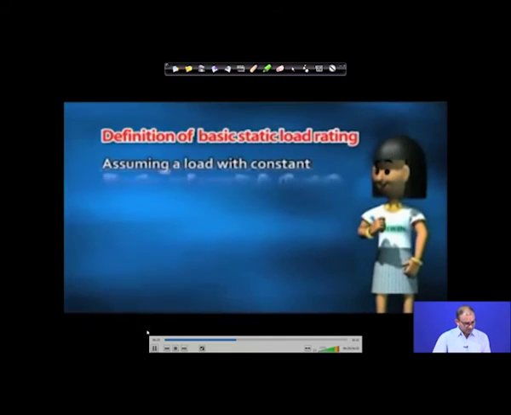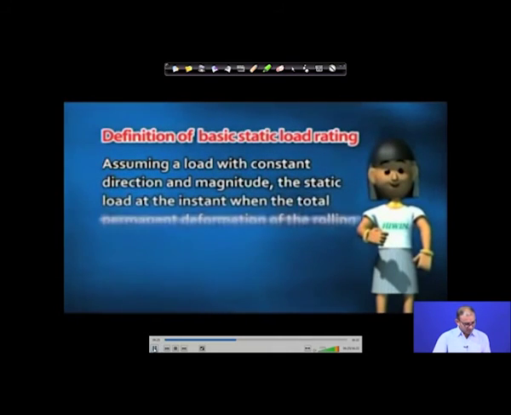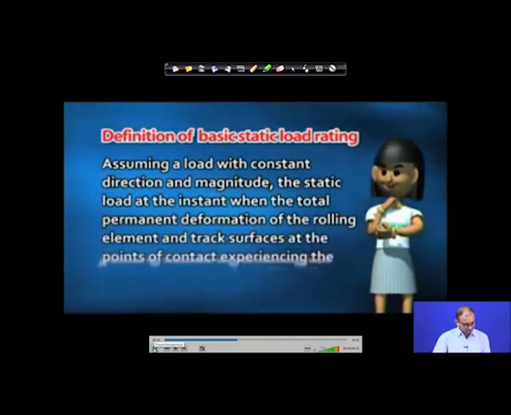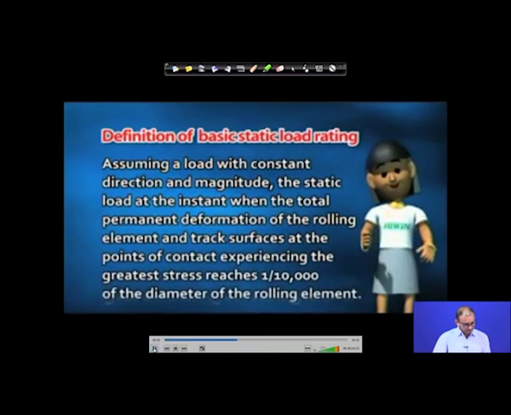So, how can you define this basic static load rating capacity? It is assuming a load with a constant direction and magnitude. The static load at the instant when the total permanent deformation of the rolling element and the track surface, at the point of contact experiencing the greatest stress, reaches 1/10,000 of the diameter of the rolling element.